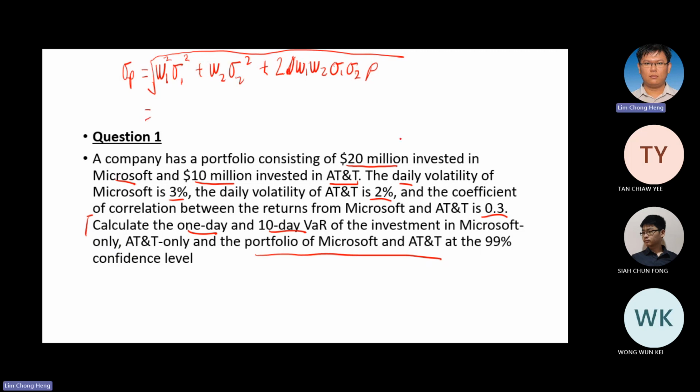So you substitute inside: 20 million invested in Microsoft and 10 million invested in AT&T. So you have 20 divided by 30, to the power 2, and the volatility is 3%, plus 10 out of 30, volatility is 2.